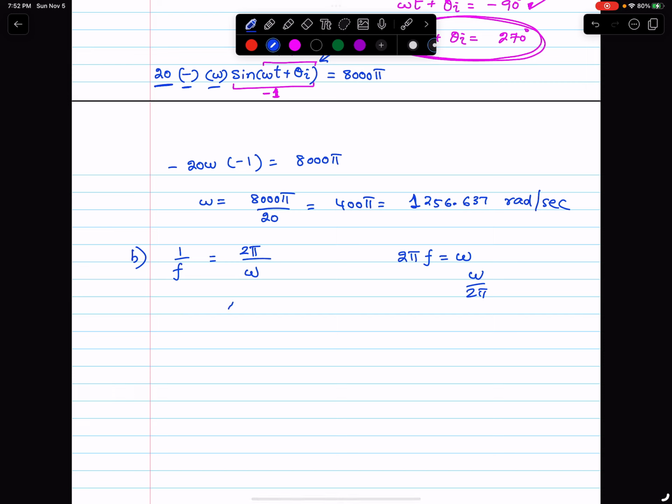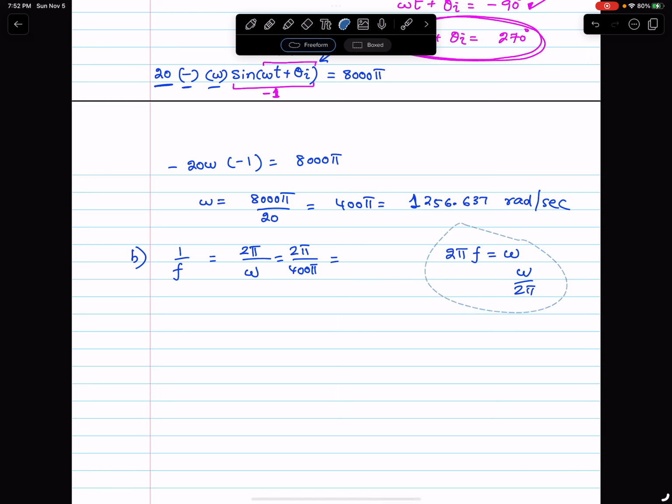We know the value of omega is 400 pi, so 2 pi over 400 pi gives us 1 over 200, which comes out to be 5 milliseconds.